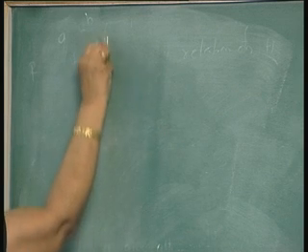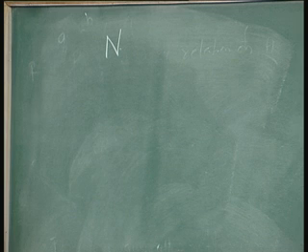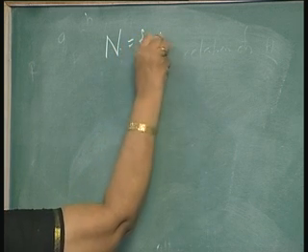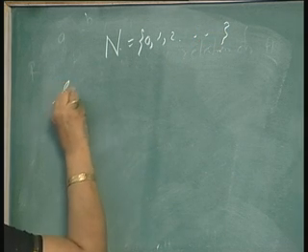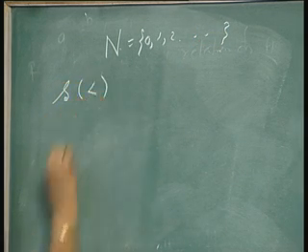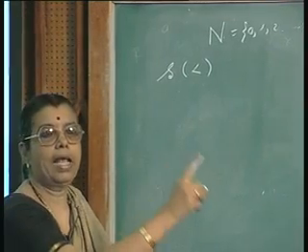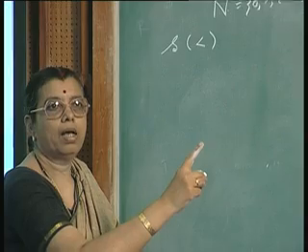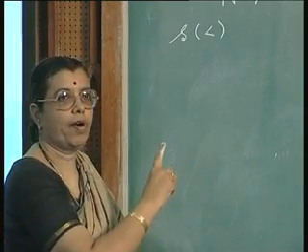So, let us consider the set of natural numbers or non-negative integers 0, 1, 2, 3, 4, etc. What is the symmetric closure of the less than relation? If a is less than b, then you must also add the arc the other way round.